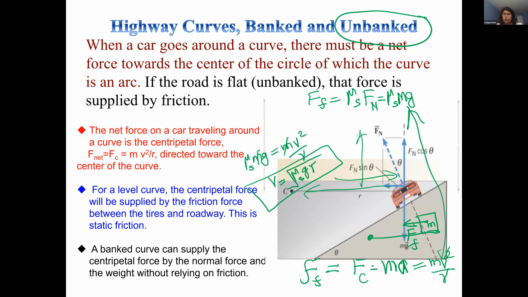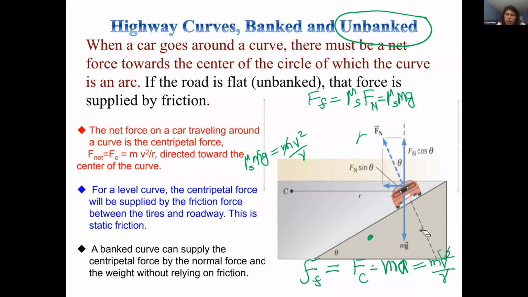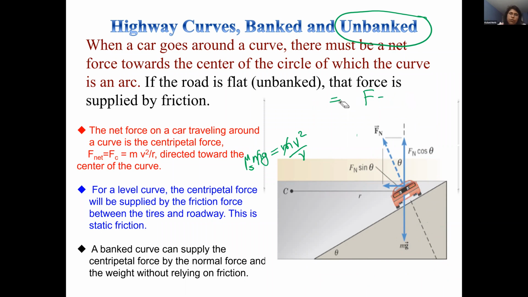Your roads are not always unbanked; your roads can be banked. It's very important that on a banked road, your vehicle can actually make the turn very smoothly, even without friction. I'm not going to derive any equation, but in here you see that the center is here.